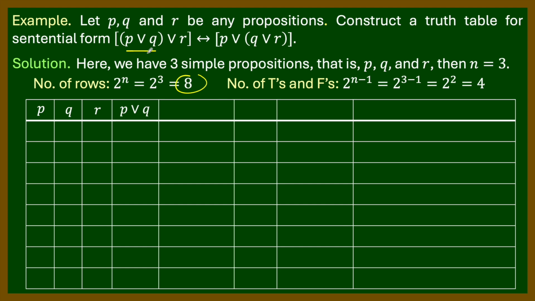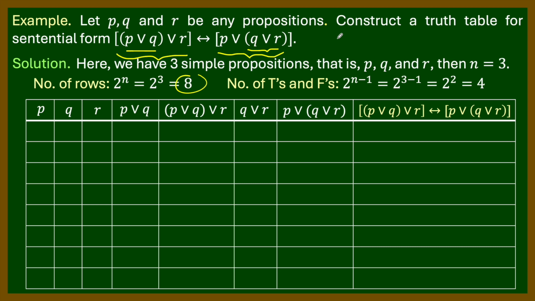Then, this entire compound proposition, P disjunction Q disjunction R. Next, Q disjunction R and P disjunction Q disjunction R, and the entire compound proposition, which is P disjunction Q disjunction R if and only if P disjunction Q disjunction R.